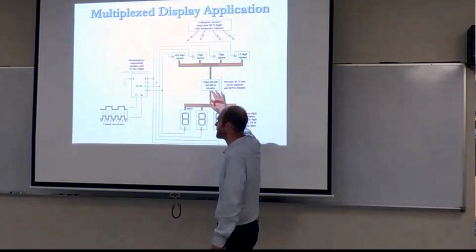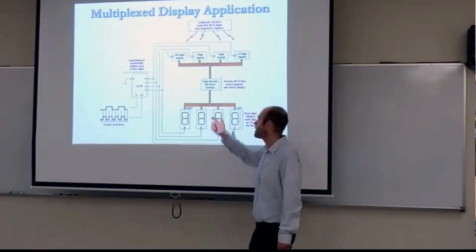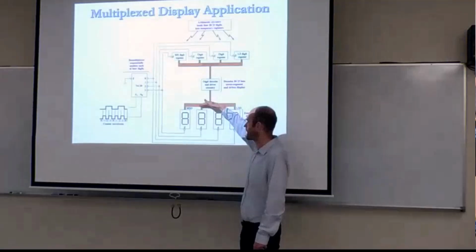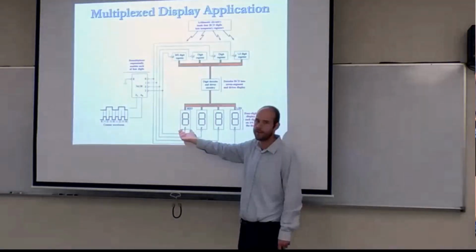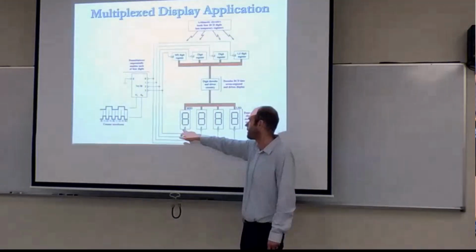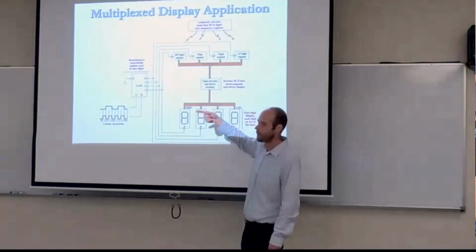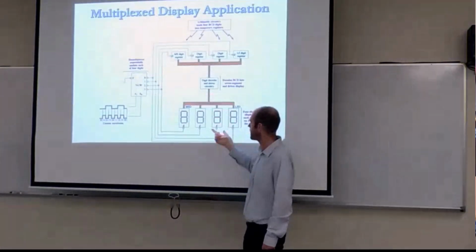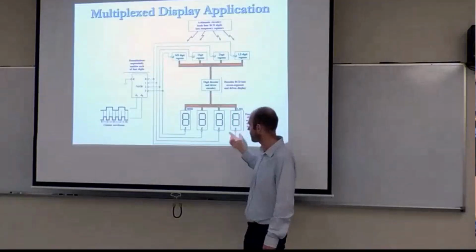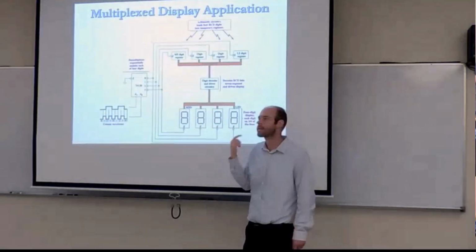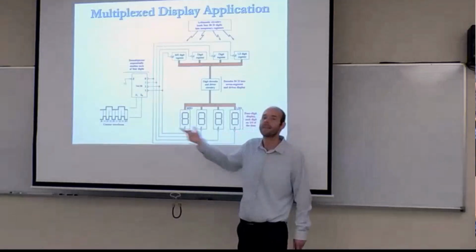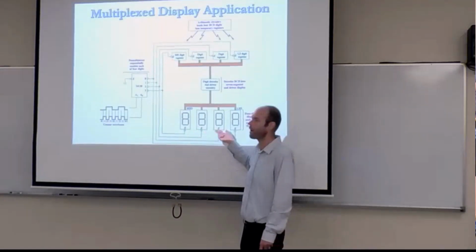So there's some data being sent to all lights at once, but only one light will be turned on at a time. So you'll load up the data for 7-segment number 1, and enable it. Count up by 1. Change the data, enable the second one. Change the data, enable the third. Change the data, enable the fourth. If this is slow enough, we can see that. But if it's fast enough, it looks like these are all on at once.